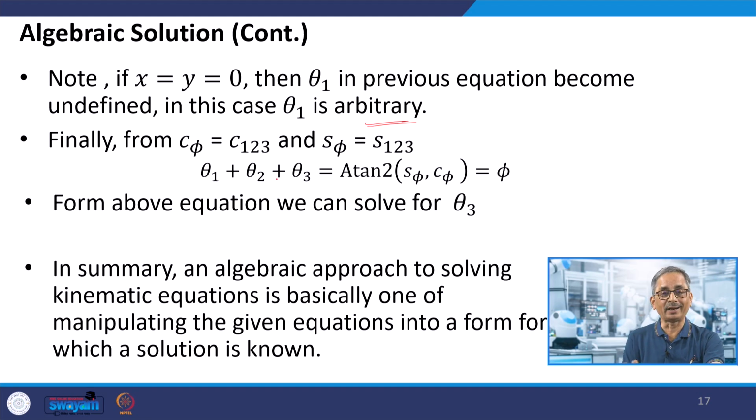To get the third value, that is theta 3, we can just equate any one of these. So, my theta 1 plus theta 2 plus theta 3 is going to be equal to phi. I have already evaluated theta 1 and theta 2. So, this way I will get the value of theta 3.